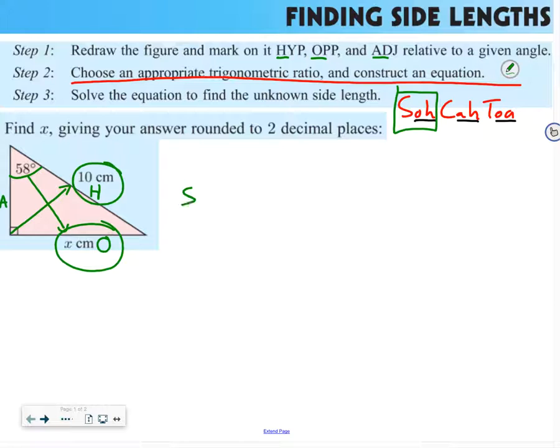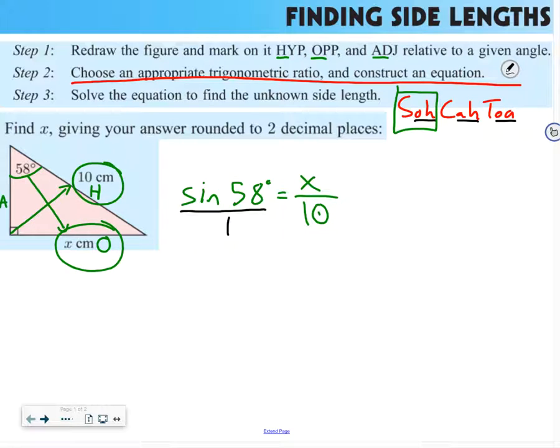So I set up sine of an angle is equal to the ratio of sides. So I have opposite over my hypotenuse, and for my hypotenuse, I fill in my unknown. To solve these, I think it's easiest to set up as a proportion. So I put the sine, or whatever trig function you have, over 1, and I'm going to cross multiply.